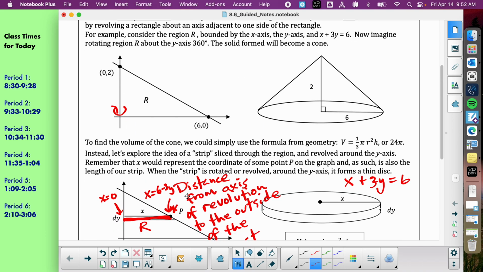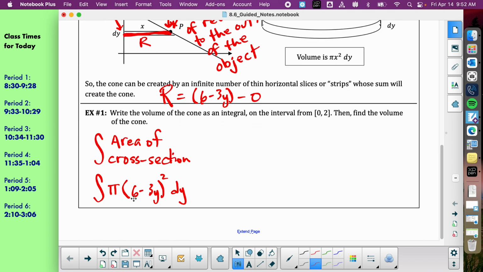Because we are doing this in terms of y, we are going to be integrating from that y value to that y value. So 0 to 2. Yep. If the equation had x's in it, then that would be from 0 to 6. Okay, 0 to 2. Alex, who are you going to call on? We'll do Nolan.